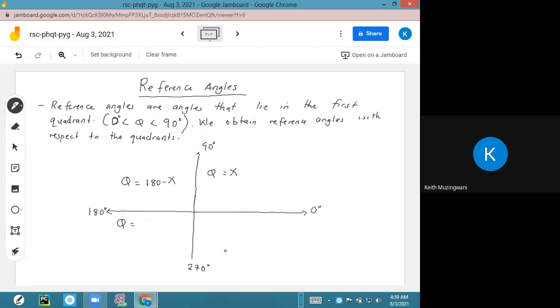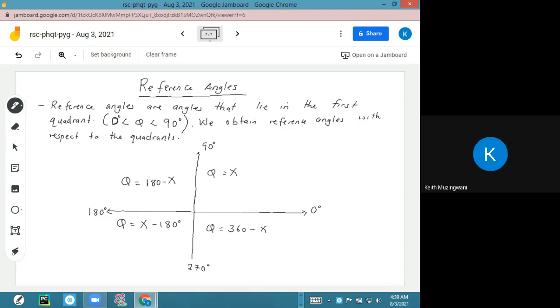So you subtract 180 from that very angle. In the fourth quadrant, you subtract from 360. Okay. So to now grasp the concept between coterminal and reference, we need examples.